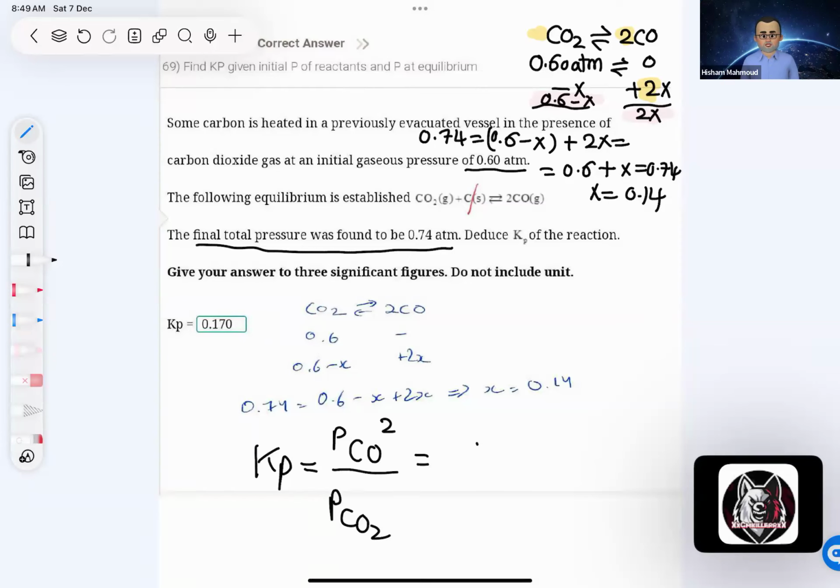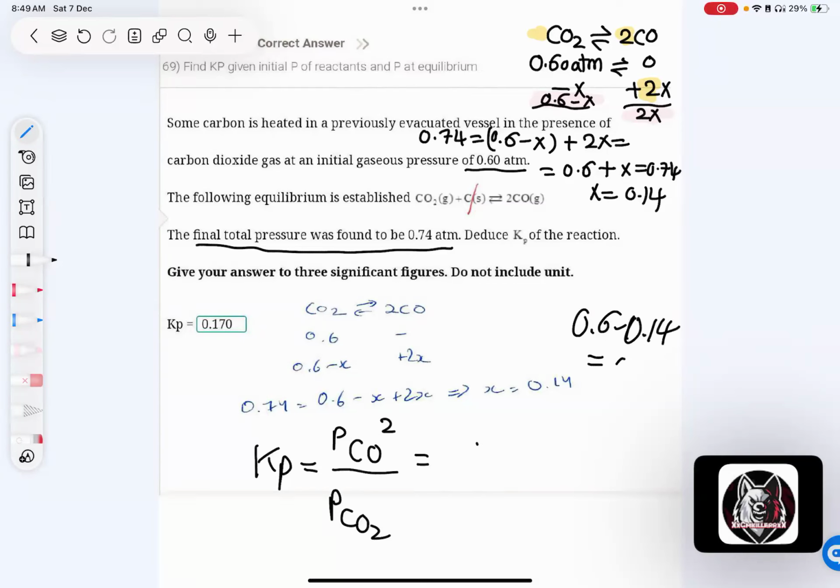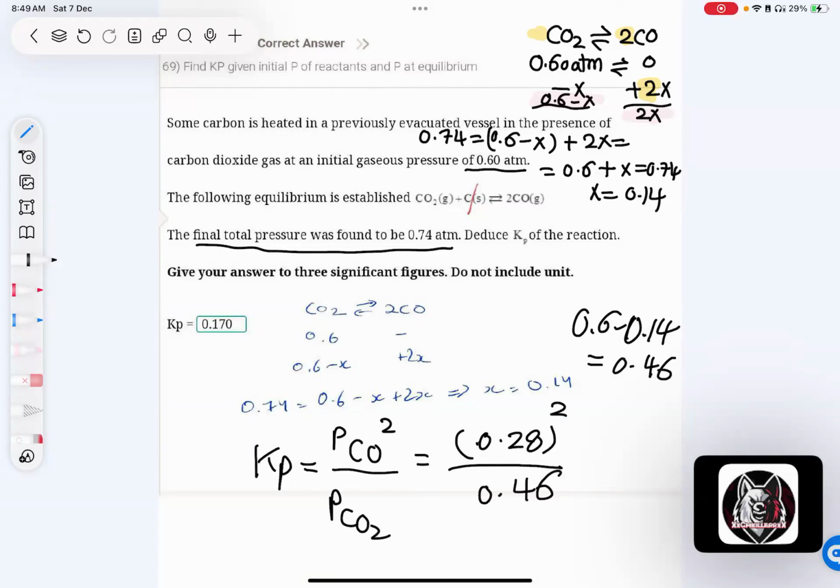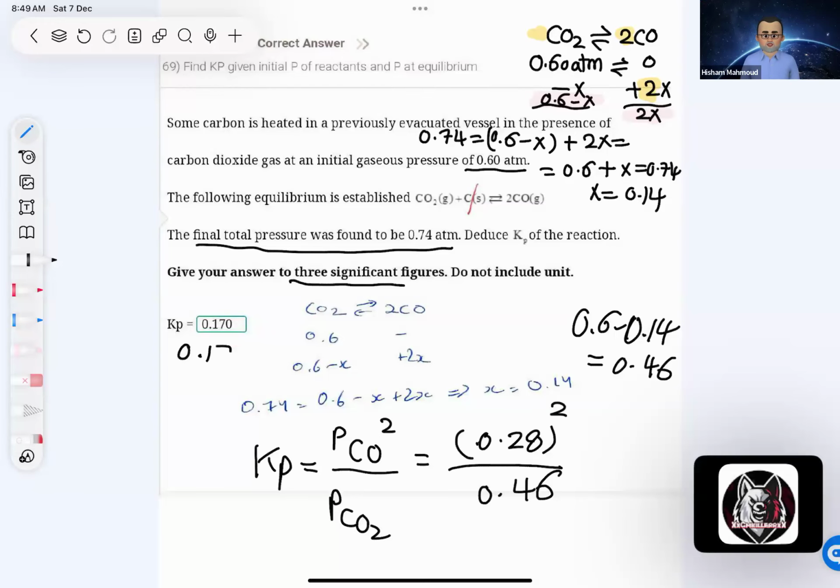This is the reactant, so 0.6 minus 0.14 gives how much? 0.46. So I have 0.46, and 0.14 times 2 is 0.28, squared, divided by 0.46. Is it correct? The answer is 0.17, and I need 3 significant figures, so he has made it 0.170.